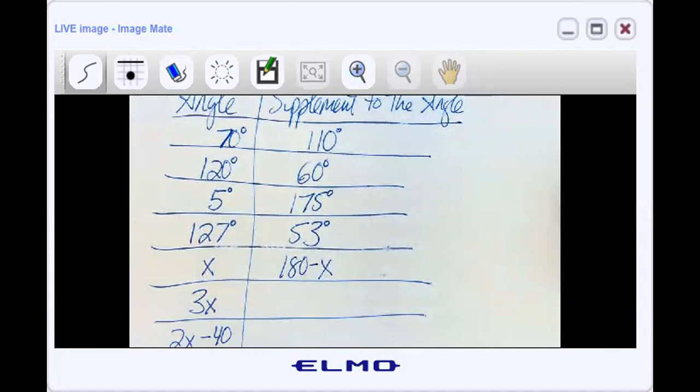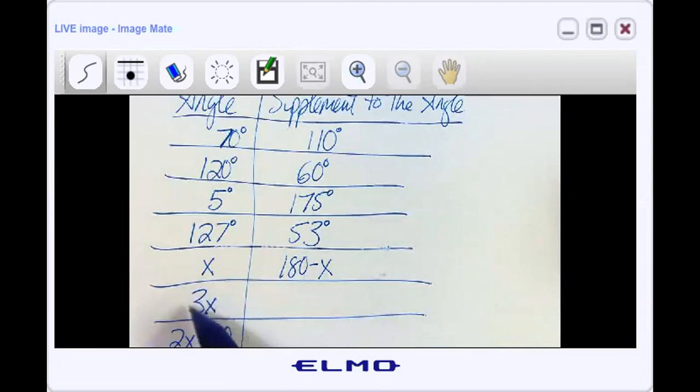That's it. So if it's 3X, Riley, what do you say that one's got to be? The answer would have to be 60. To this one? Oh, I thought you wanted the answer for X. Oh, I see what you're doing.